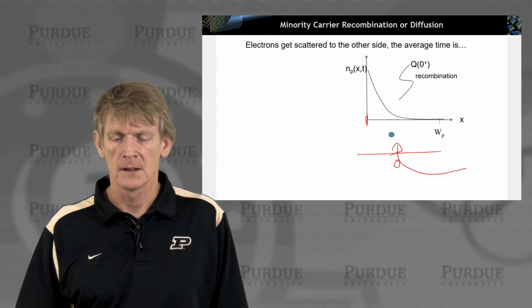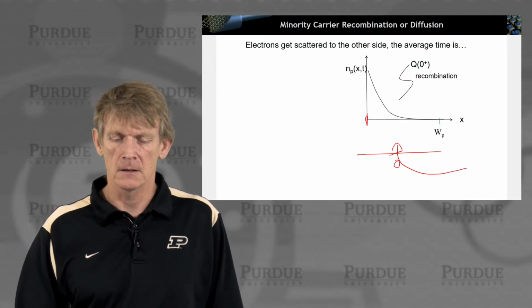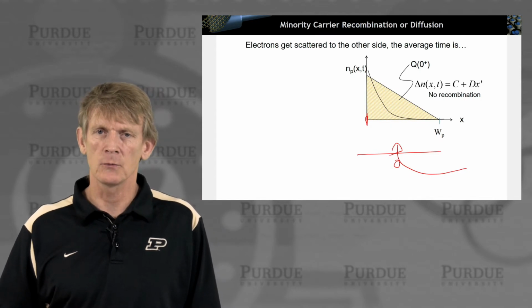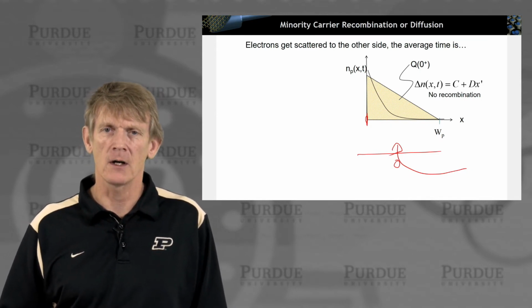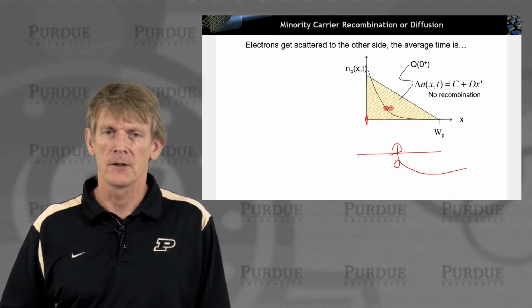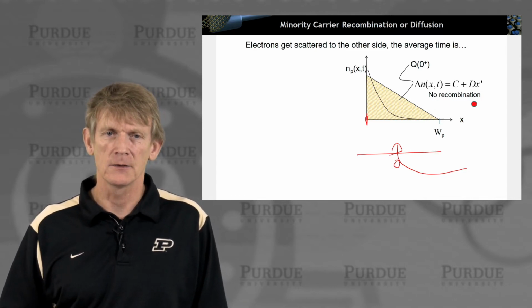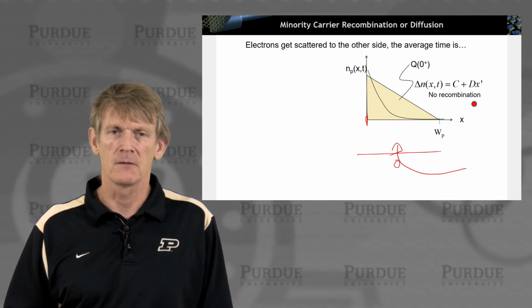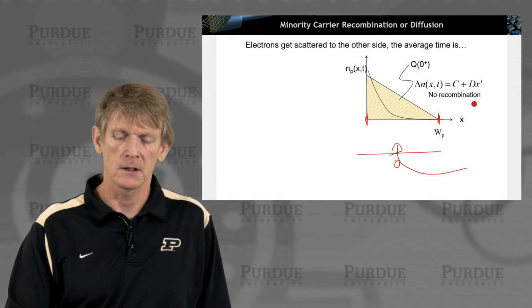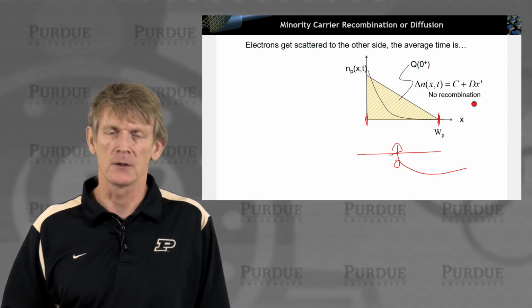If you don't have recombination, the distribution looks slightly different. We've calculated that multiple times now. You have a linear drop where all the carriers, through various scattering events, make it out the other side of the device to the metal contact that sets the excess electron density back to 0.